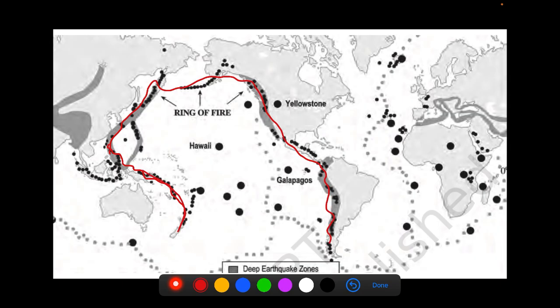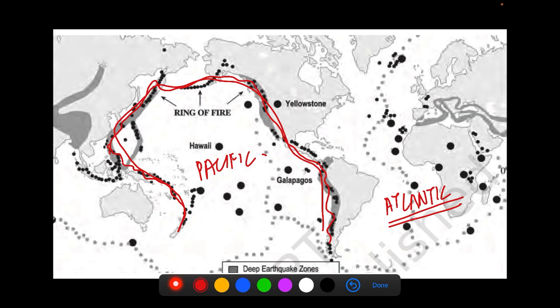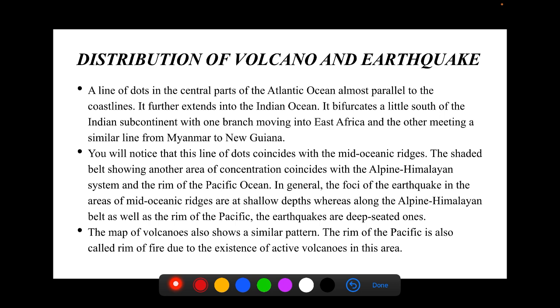This is the Pacific Ocean, right? This is the Atlantic Ocean. We can see the high number of earthquakes and volcanoes present in this region. So let's now study the distribution of volcanoes and earthquakes in the world.